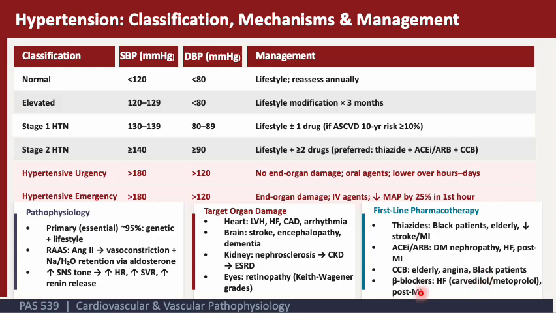And lastly, another treatment for hypertension is beta blocker. If you have a patient that has a history of heart failure, then you want to have them on a beta blocker. If they've had a recent MI, you want them on a beta blocker.